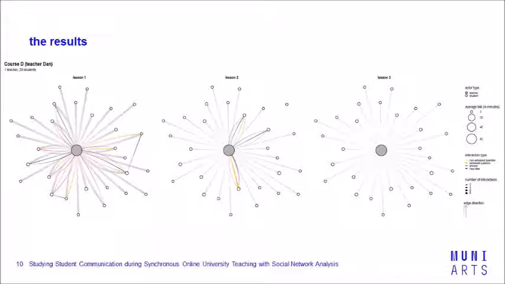And we can see that while in lesson 1 there were all kinds of interaction, in lesson 3 there was very little interaction, almost none, from the teacher to students in the form of non-addressed questions.